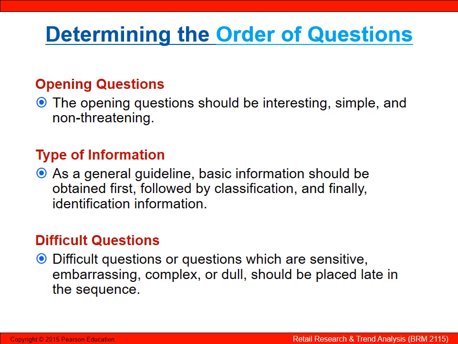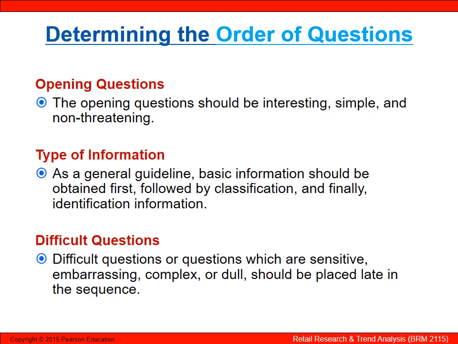Type of information. The type of information obtained in the questionnaire may be classified as basic information, classification information, and identification information. Basic information relates directly to the research problem. Classification information consists of socioeconomic and demographic characteristics used to classify the respondents and understand the results.